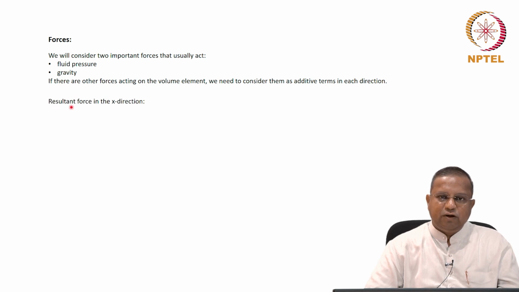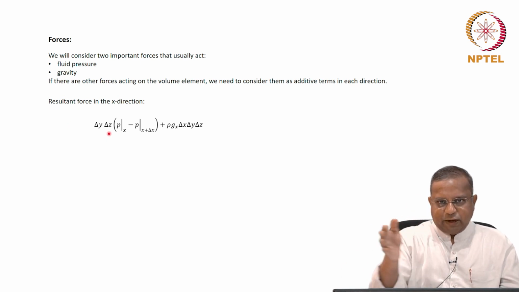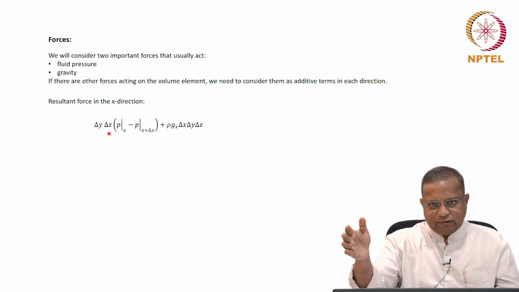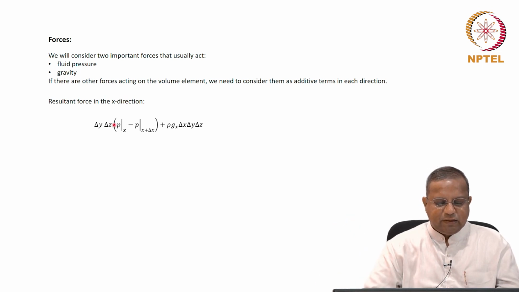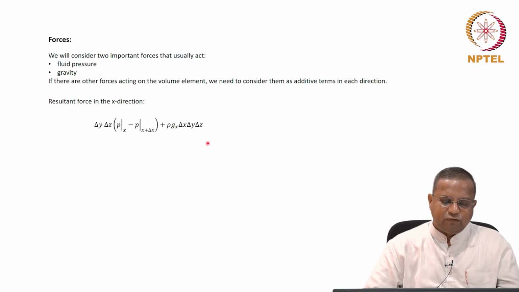Since we are considering only the x momentum, let us look at the resultant force in the x direction. The pressure times the area would be the pressure force: pressure at x minus the pressure at x plus delta x, times the area delta y delta z. Mass times the acceleration due to gravity gives the gravitational force.